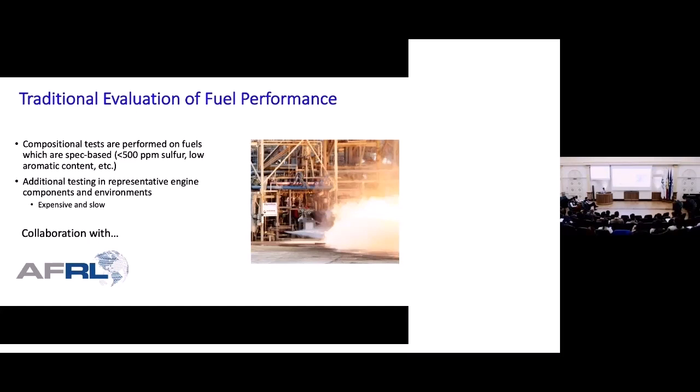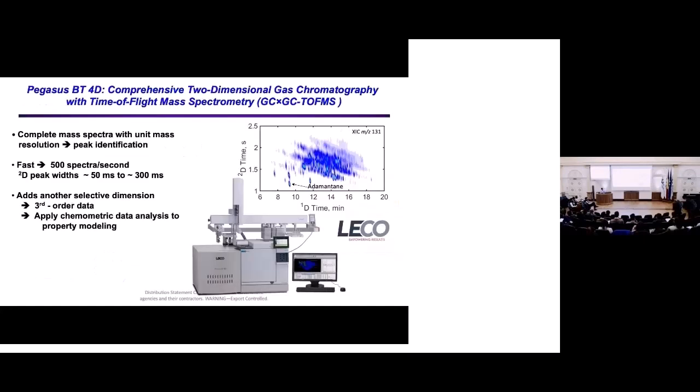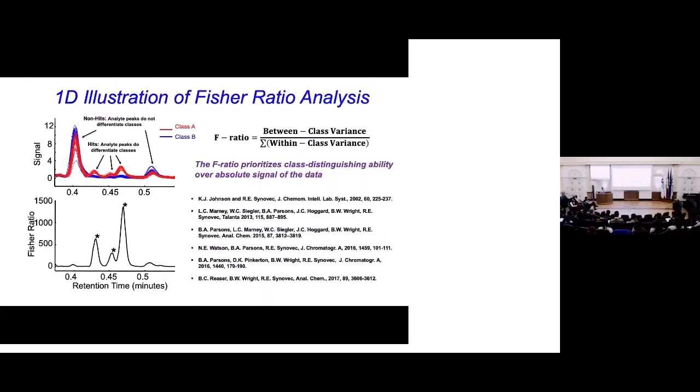For analyzing all of our rocket fuels, as we're apt to do here, we like to use our GC×GC with a nice Pegasus BT40, which has pretty much been our workhorse. We've run lots of our jet fuels on there, and to get the most information that we can out of our chemical composition data, we have gone to using Fisher ratio on a lot of different sample types, because we can set up lots of different class-based experiments and find the differences between two classes of fuel.